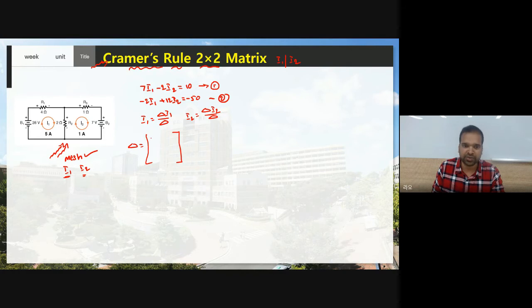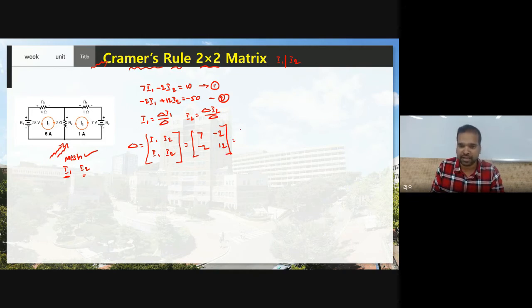The delta is the I1 and I2 coefficients from equation 1, and the I1 and I2 coefficients from equation 2. What are the I1 and I2 terms in equation 1? The I1 term is 7 and the I2 term is minus 2. Therefore in equation 2, I1 is minus 2, and here I2 is 12. Here we need to find the determinant of delta.